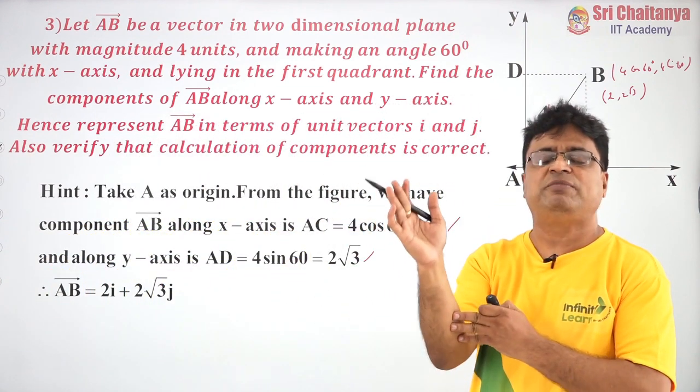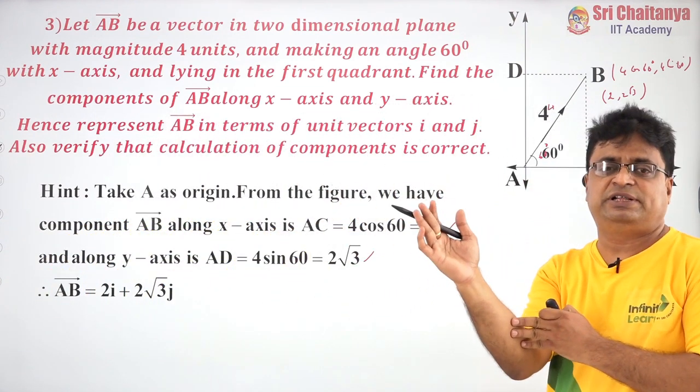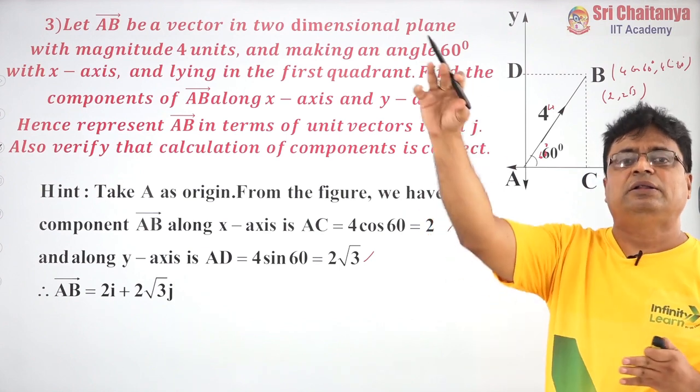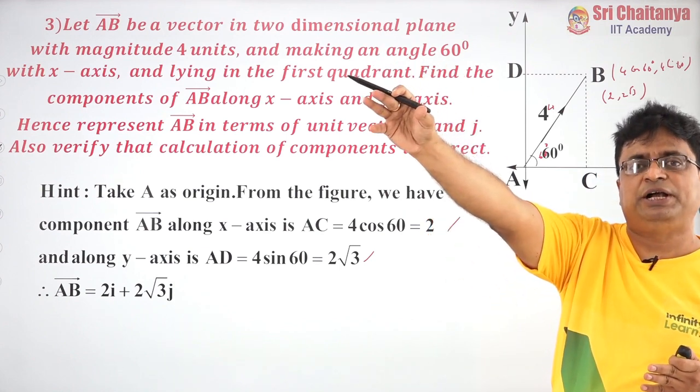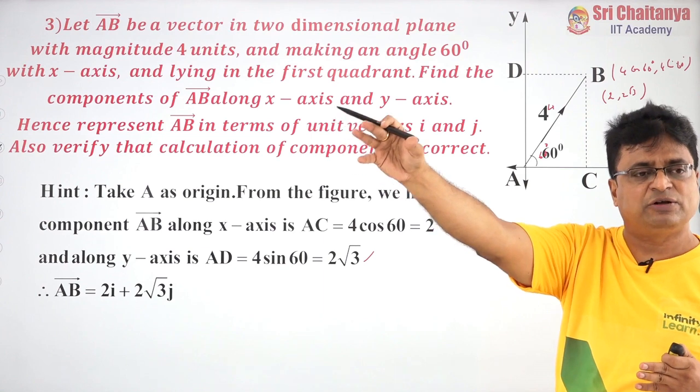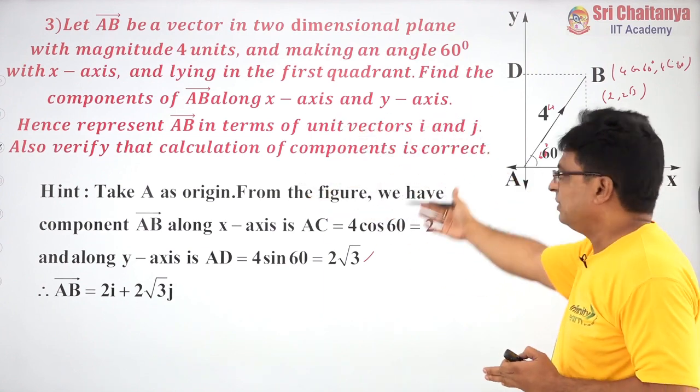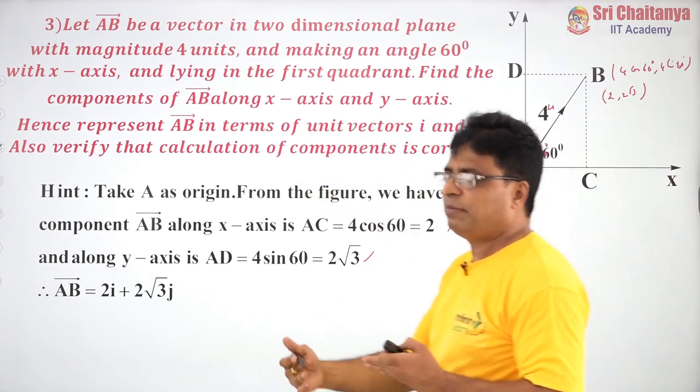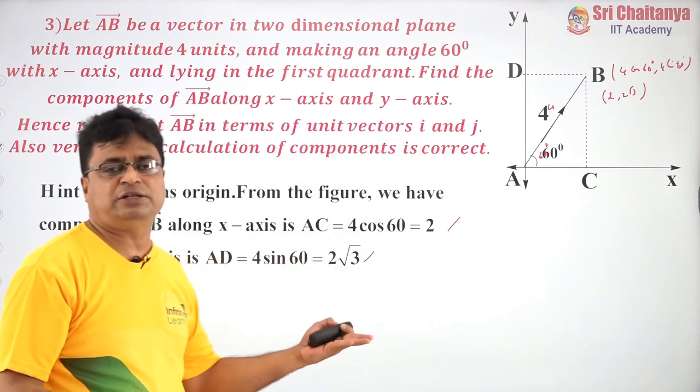Suppose a line is making an angle of 60 degrees with the x axis, then the coordinates of the point B. If they asked the question in coordinate geometry, this is the same methodology we can solve. But the same problem we are solving in vector algebra.